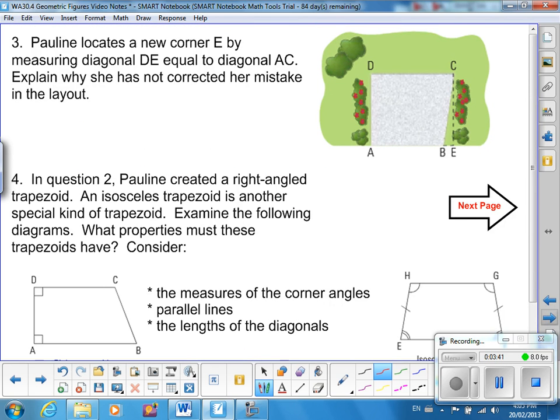Pauline locates a new corner E, so she moves this line over to here, and she measures DE equal to AC. So DE is now equal to AC. Is this shape a square? Well, she has diagonals equal. She has corners that are 90 degrees.